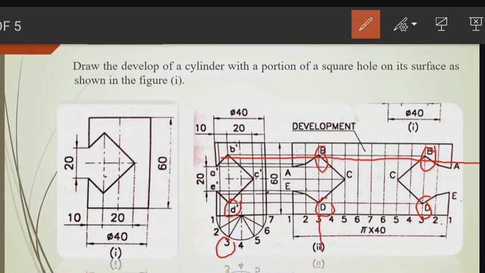When you draw two horizontal lines, top and bottom, you get the b and d points on two sides.